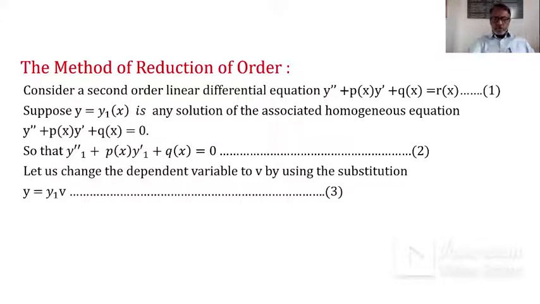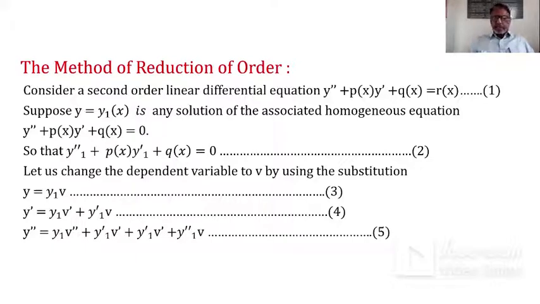By this substitution, we find y' = y1 v' + y1' v. And for y'', differentiate this and use the product formula: y1 into the derivative of v' is v'', plus v' into the derivative of y1, which is y1'. Again, first term as it is y1', the derivative of v is v', and the derivative of y1' is y1'' with v as it is, or we combine these two.